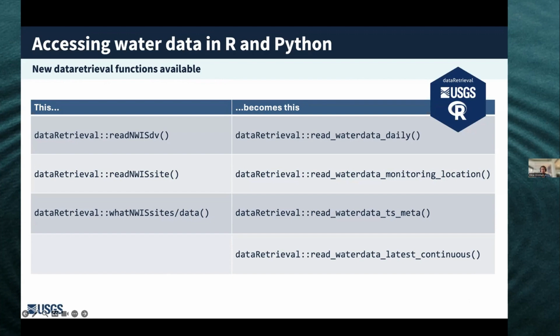So for example, read_enlist_dv on the left is the function used to pull daily values from the legacy WaterServices API. On the right side of the table, we have their eventual replacements, with read_water_data_daily being used to pull data from the new APIs Mike described. Note that we're in a period of overlap where both old and new functions will be available for use side by side. Next slide.